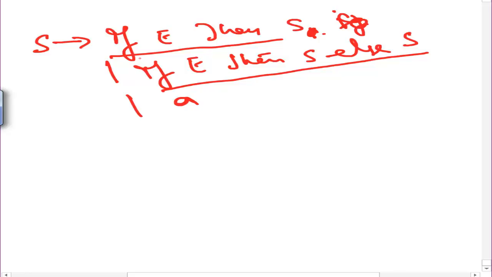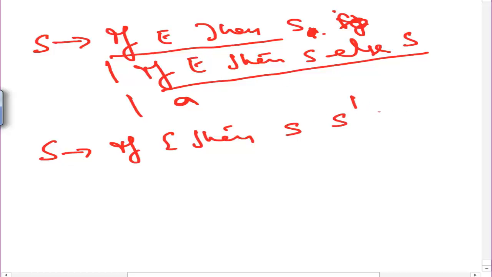Now the common prefix is if E then S, right? So what I do is I say here S is equal to if E then S, and whatever is left out I call S prime, and A will stay there as a gamma. I don't have any problem with that.